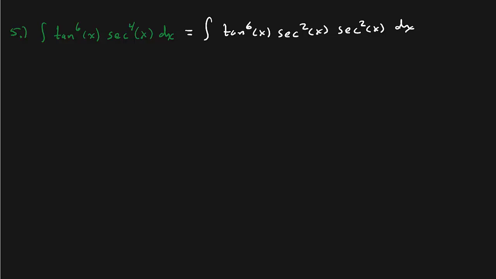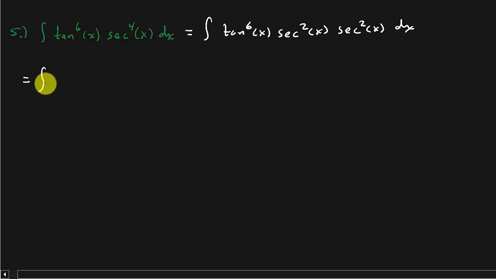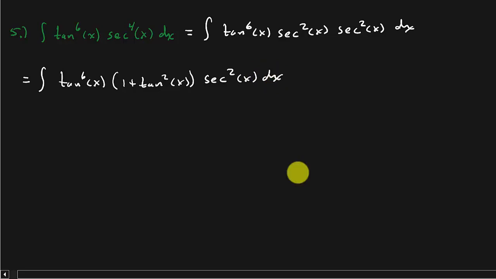So I want to get everything else in terms of tangent. Well, what do we know about secant squared? Well, we know this is going to be tangent to the 6th x, and this secant squared here, that's 1 plus tangent squared x, and then times secant squared x dx.